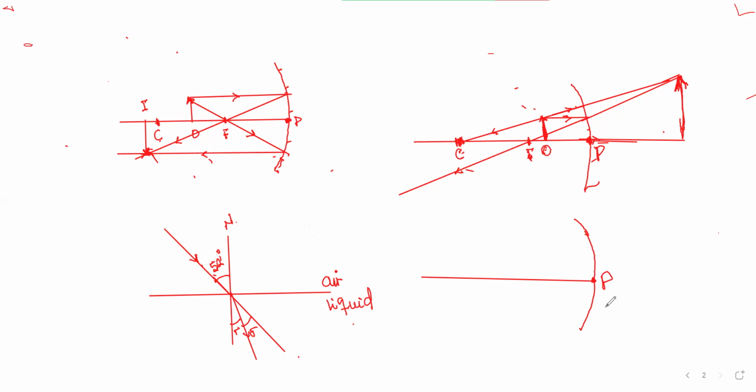Okay, so let's see. A ray on the principal axis is reflected along the same path. So assuming this is the incident ray, it will be reflected back along the same path.